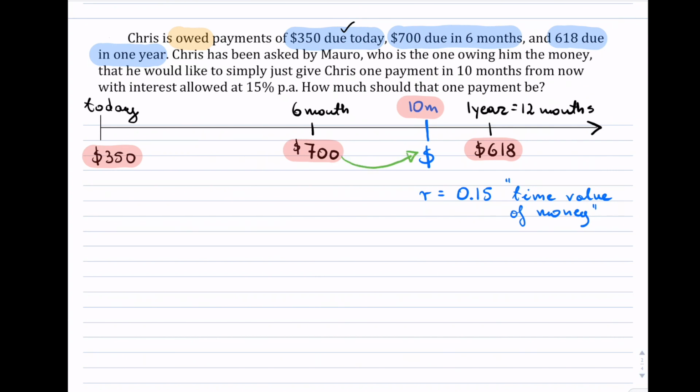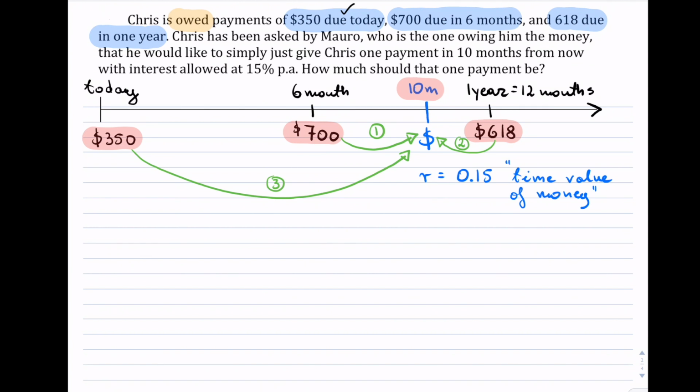So what is the equivalent value of this $700? What is the equivalent value of the $618? And then what is the equivalent value of this $350? Well, these are all debt, right? And we want to find the repayment for these.